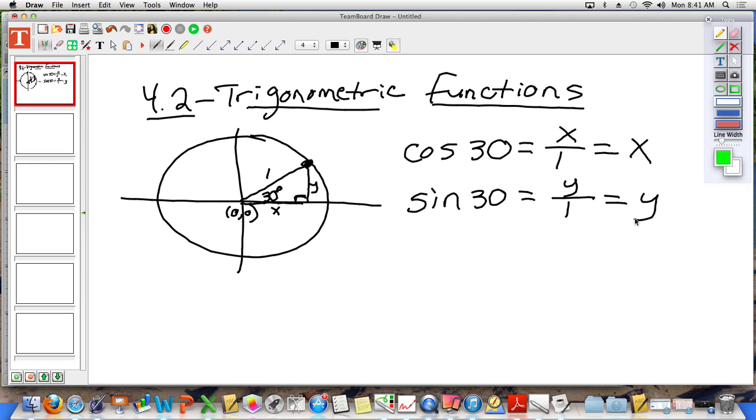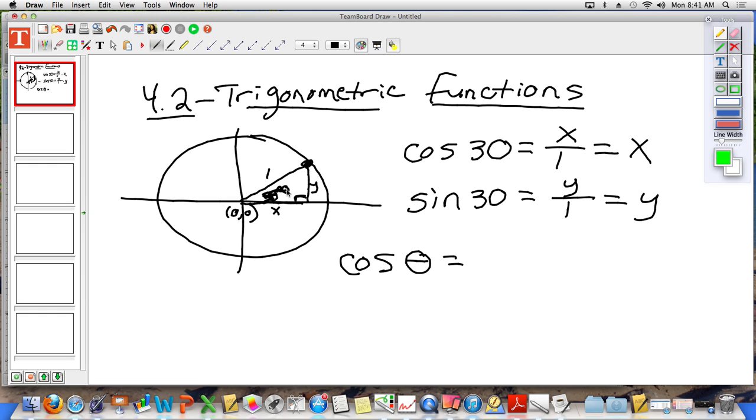Now, let's go off of what you just said. Let's change this up a little bit, and not call it specifically the cosine of 30. Let's call it the cosine of theta. This is not 30 degrees; we're just going to call it theta instead.